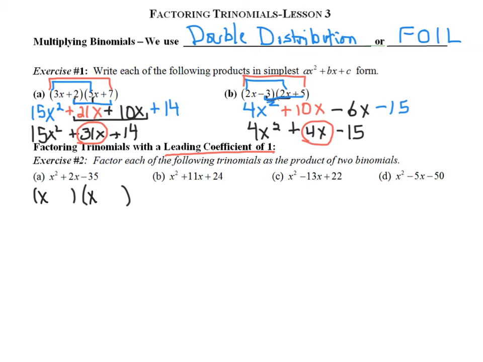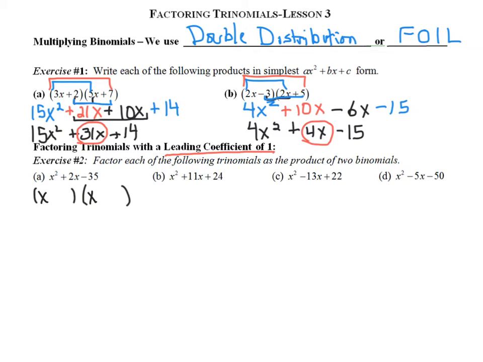Those would be my first terms of FOIL. Then I want to look at the last term, negative 35. I want to find 2 factors that multiply to give me negative 35, but so that I can add the middles together, I want to be able to add the 2 factors and get a positive 2x.